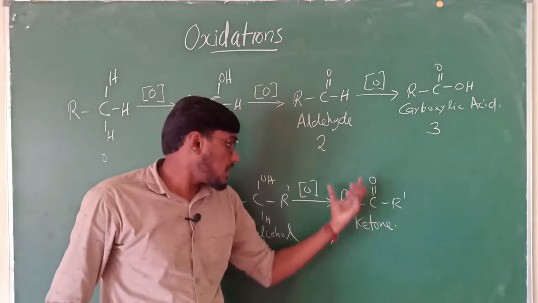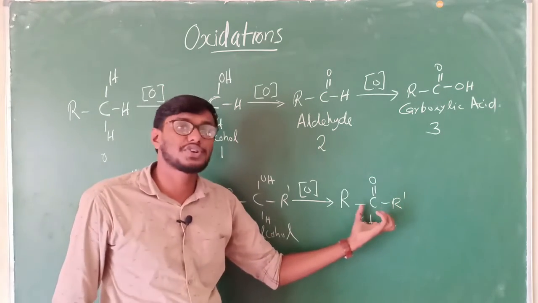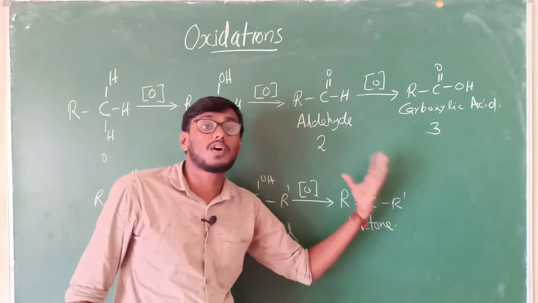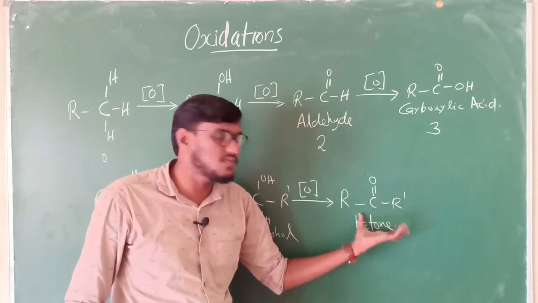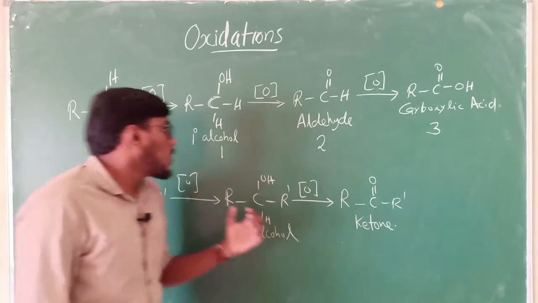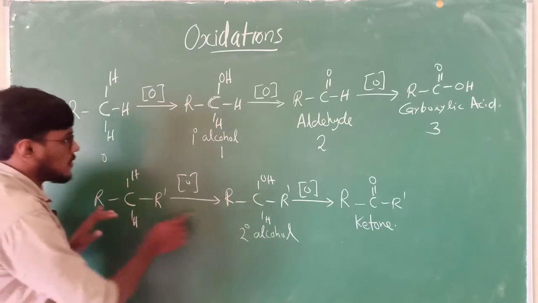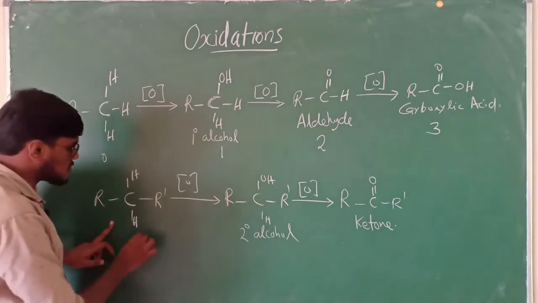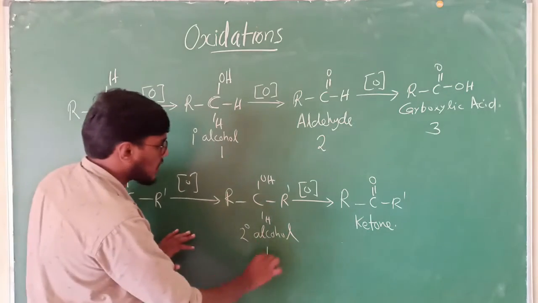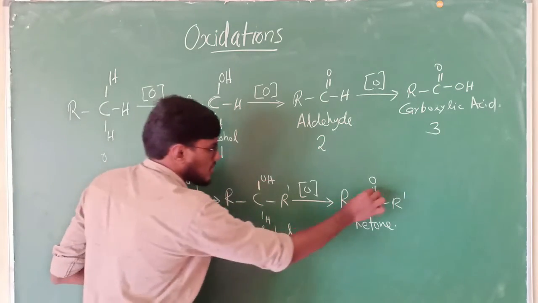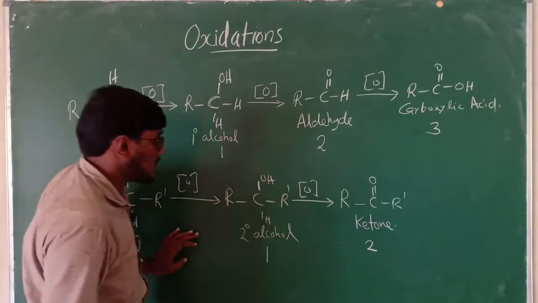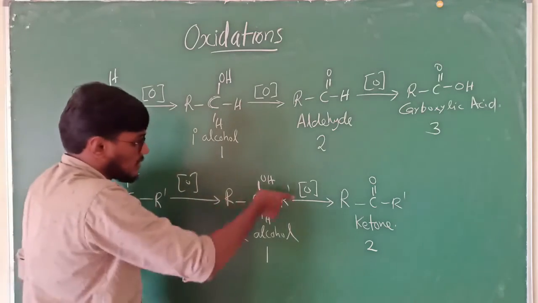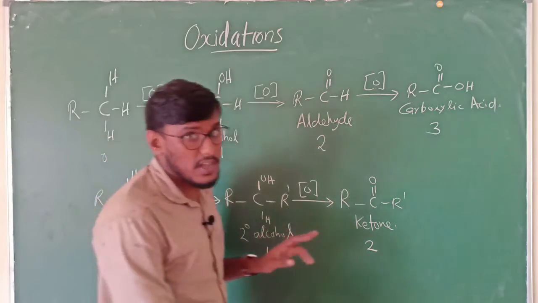This ketone may undergo further oxidation in harsher conditions, may undergo oxidative cleavage. So here you can see that there is no carbon oxygen bond, here 1 carbon oxygen bond is present, here 2 carbon oxygen bonds are present. You can say that they undergo oxidation reactions.